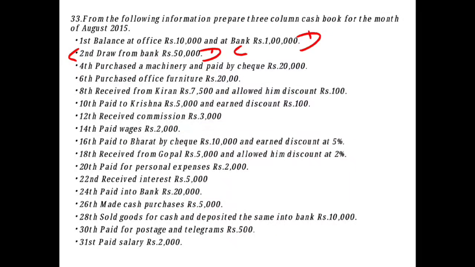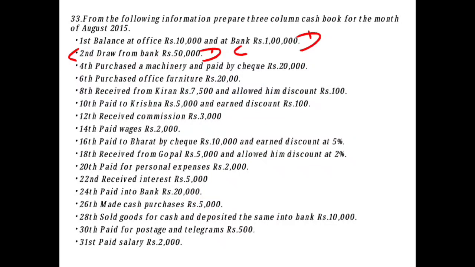Whenever you withdraw cash from the bank, it is a contra entry. The debit side appears in the cash column because cash comes in, and the bank column is 50,000 because the banker is the giver, right?